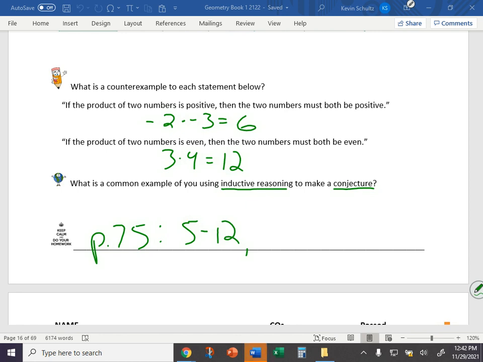We can do some counterexamples through 14. This is kind of fun. Let's do 14 through 17 also. Instant feedback. Look at this. I love it. 14 through 17. And then from page 80, number 33.